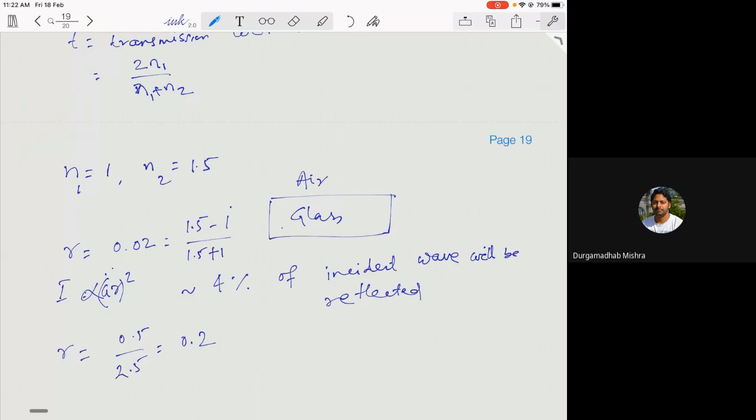It can be 0.2 or minus 0.2, but normally when we are calculating intensity we take the square of that, so it will always be a positive term.